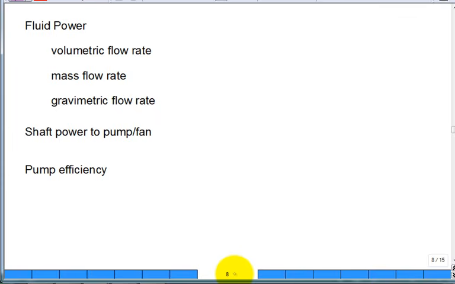Now, fluid power. You could think, if I have energy per unit volume, that was pressure. And I multiply by volume per unit time, the volumes cancel and I have energy per unit time, do I not? Energy per unit time is power. So maybe I should put it in terms of a pump.